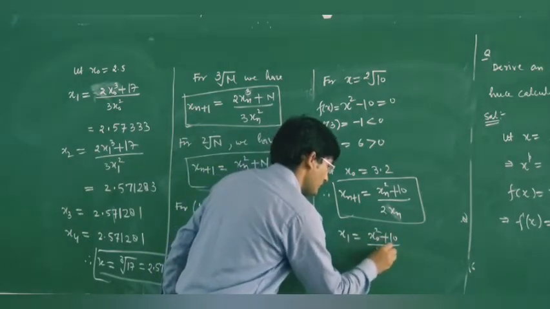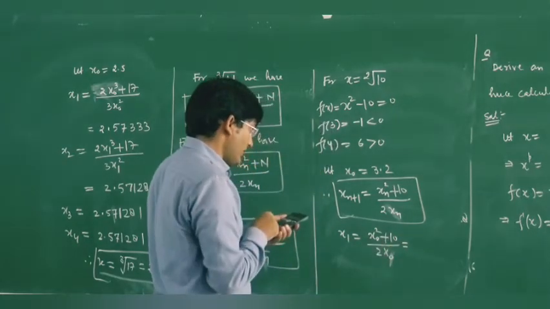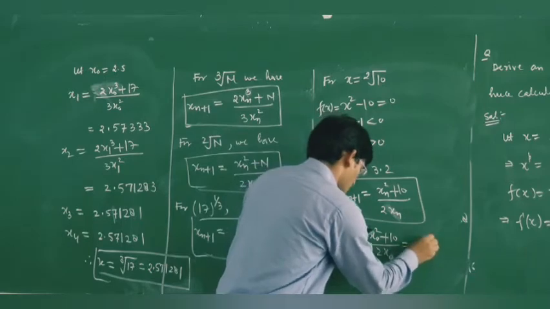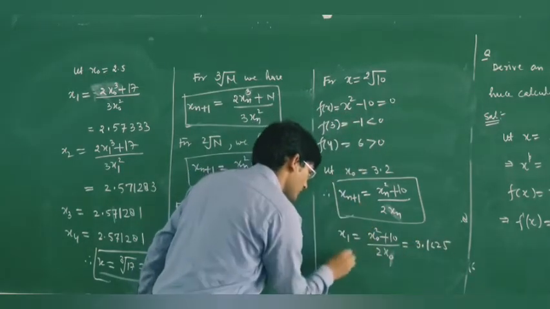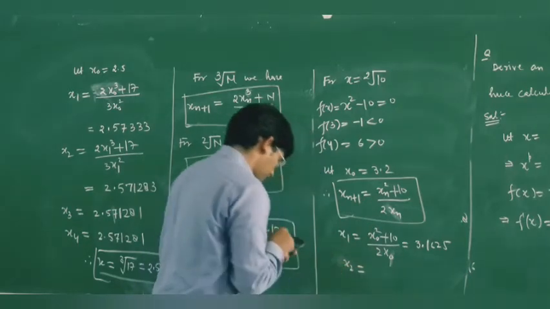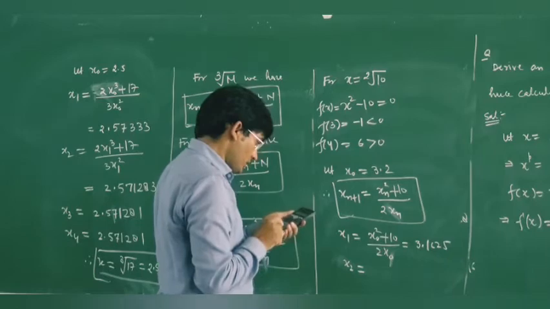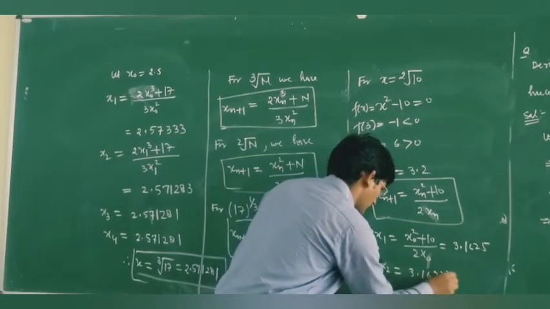Now if you solve this for this x naught, then your x1 will be equal to, your x naught is 3.2, so this is equal to 3.1625. Again put the value of x1 here, then your x2 will be equal to 3.16227.